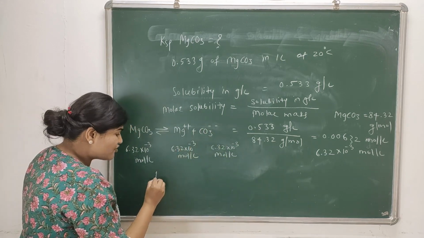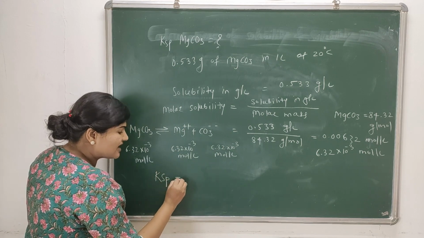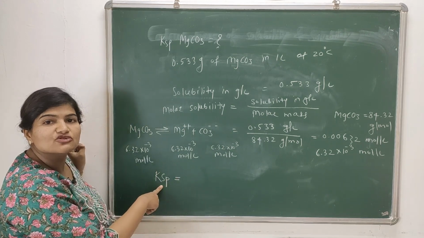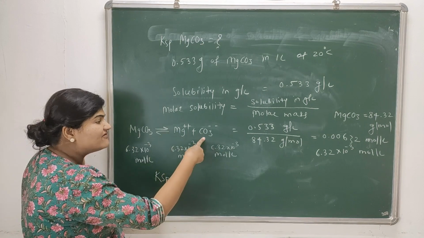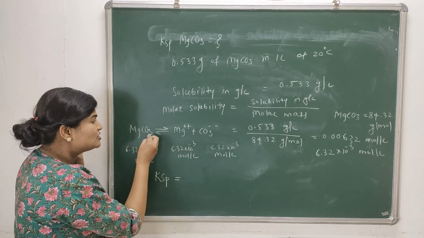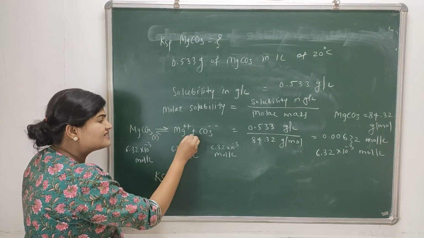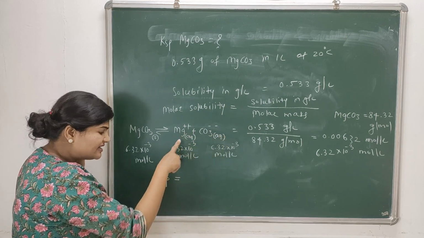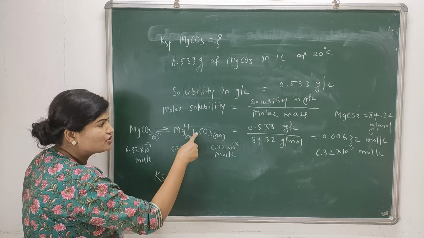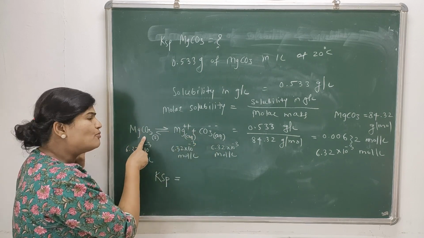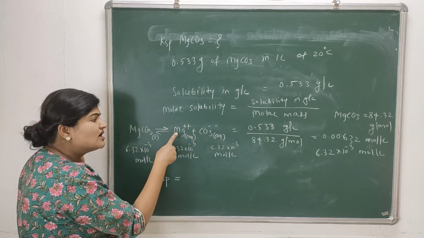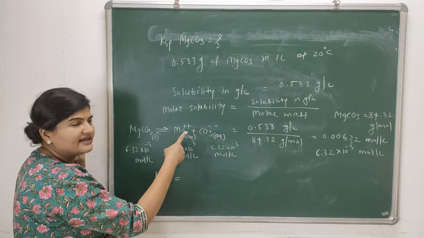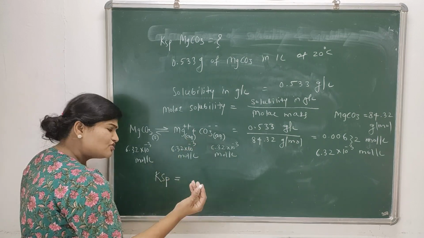In the next step, we will write the equation for KSP based on the law of mass action. I have this equation with me. Magnesium carbonate is a solid and these are aqueous ions. See, there are no stoichiometric coefficients. 1 mole of salt produces 1 mole of cation and 1 mole of anion. So it's very simple.